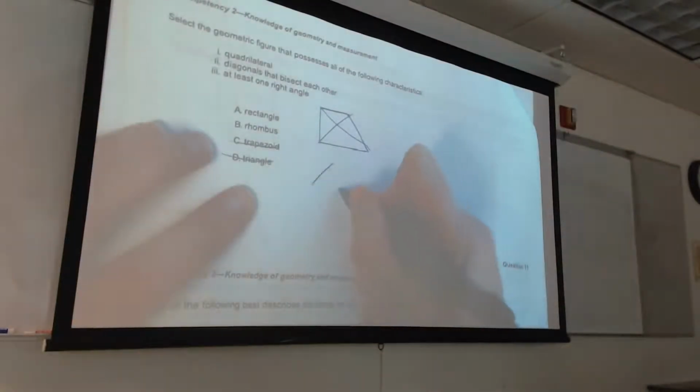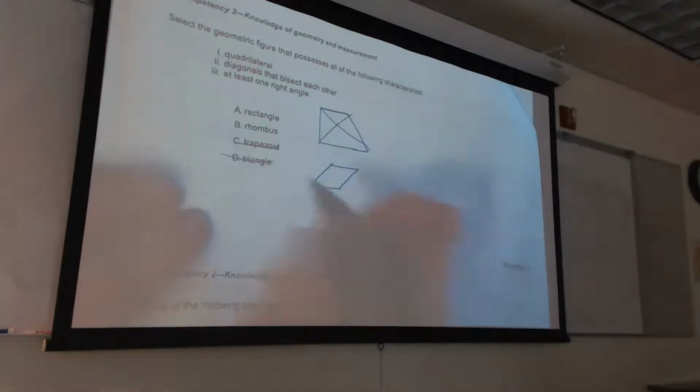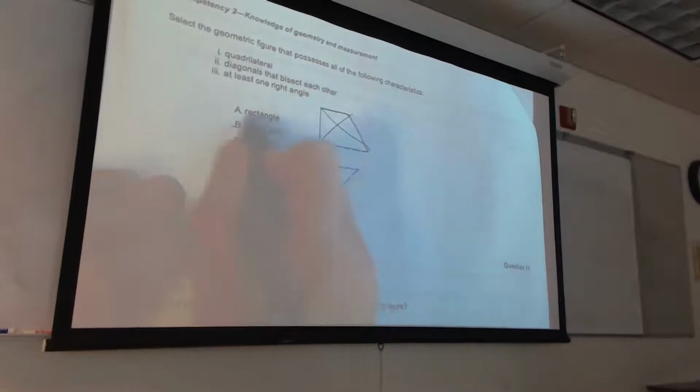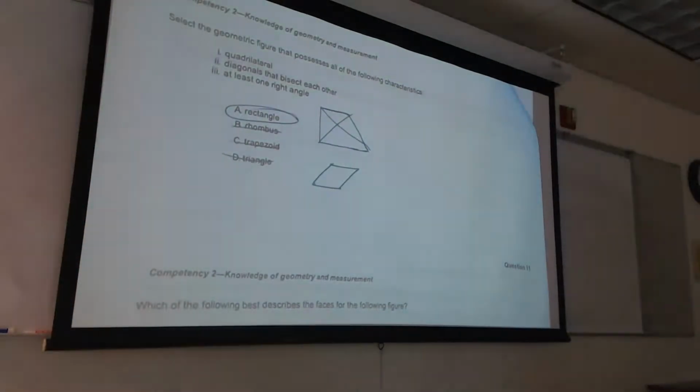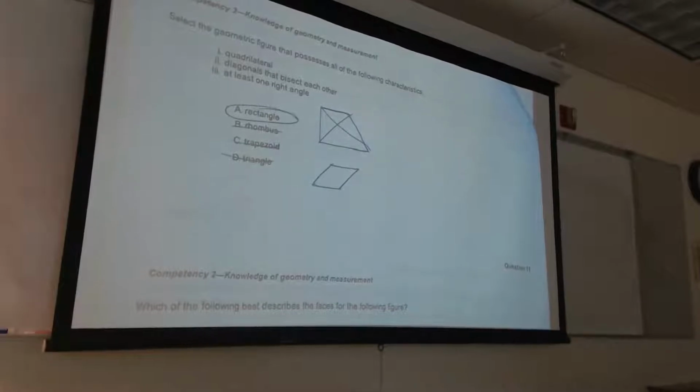Does a rhombus have a right angle? No. So the answer is? Right? Do we agree? So you just kind of have to narrow it down. But in order to narrow it down, you have to know enough about those quadrilaterals to know how to narrow it down.